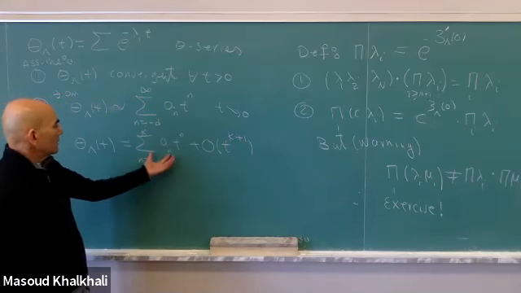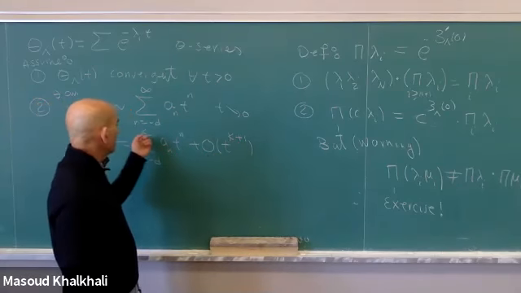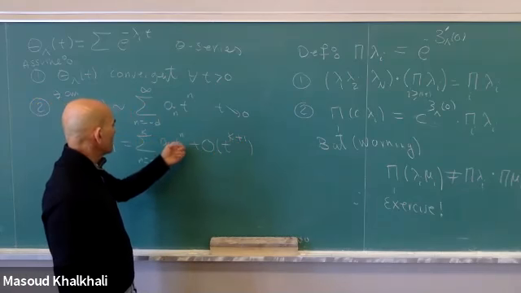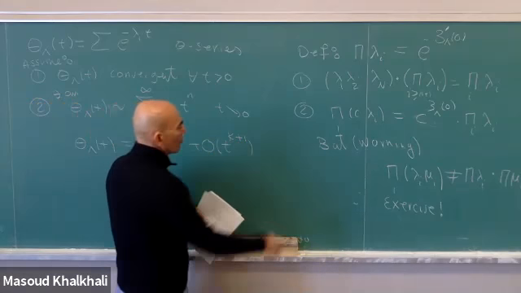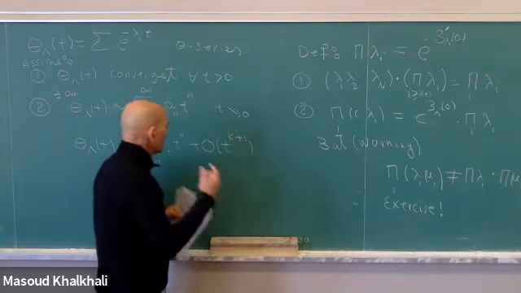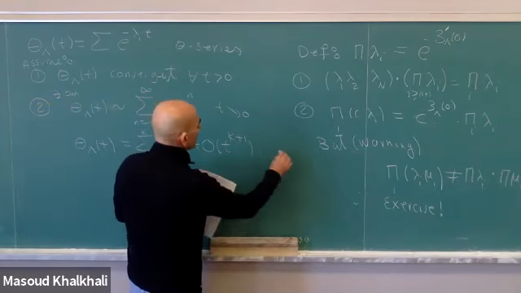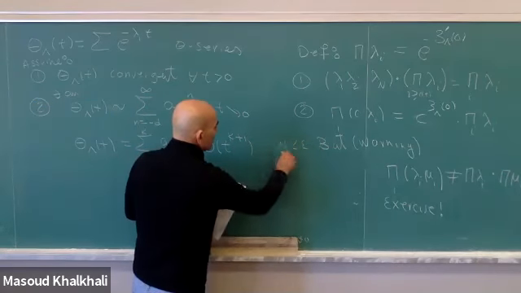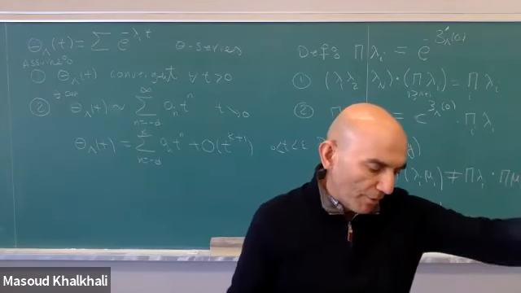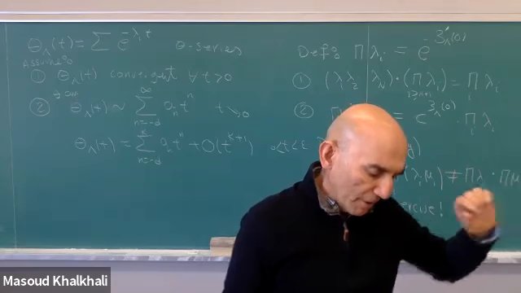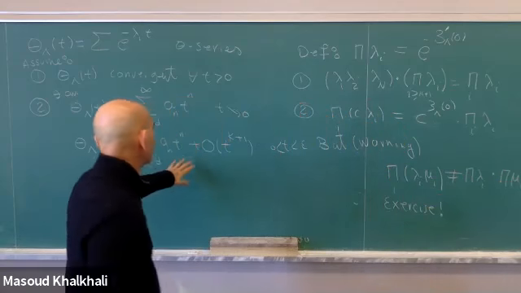So the error that you get is of the order of t to the power k plus 1 if you cut your series at maximum order k. So this is for t, of course, small. The statement is that for any k, there exists an epsilon depending on k such that this holds near 0. We're not saying this holds all the way away from 0, but near enough, depending on k.